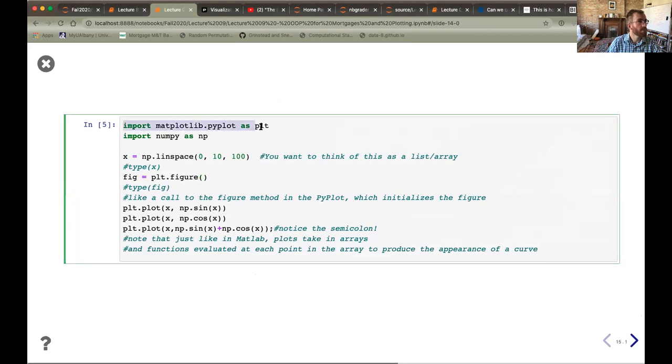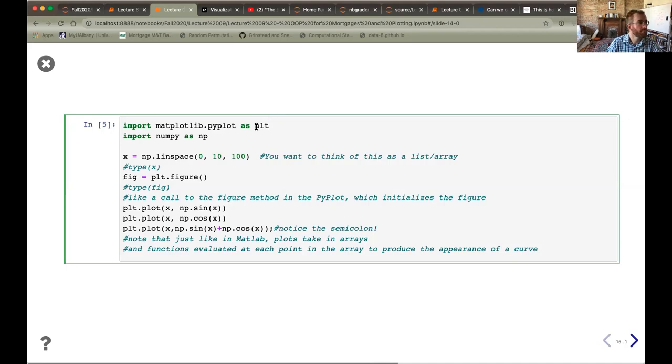Because you're going to be using these library names a lot, it's very useful to come up with a shorthand for how to refer to them. So for matplotlib.pyplot, we're going to import that under this sort of pseudonym or handle, PLT. PLT is short for plot. Now again, we didn't have to do this but it's just a regularly accepted convention.